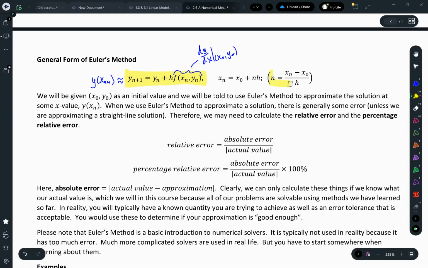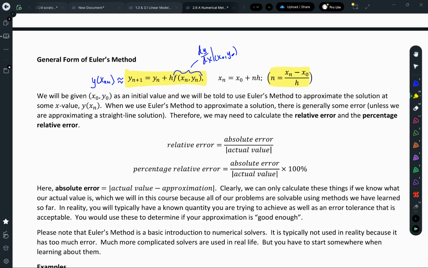The number of steps is n, and it's equal to the final x minus the initial x, all divided by the h value, okay? And so that value of n will change depending on your step size, your h.